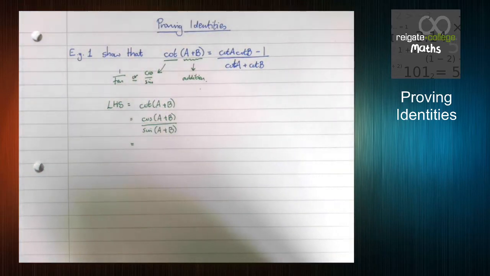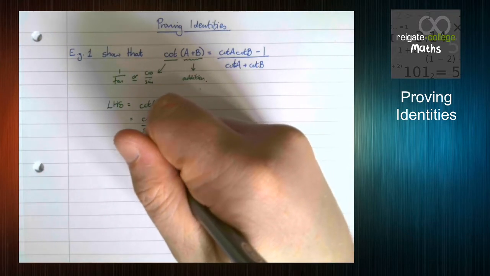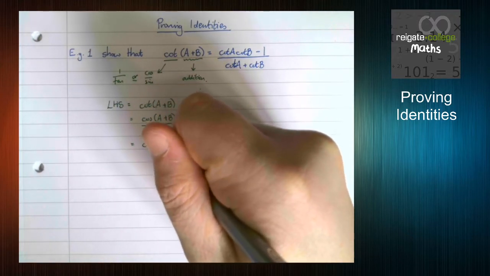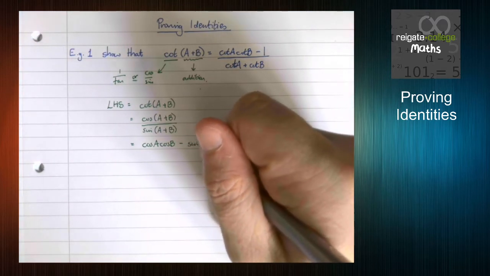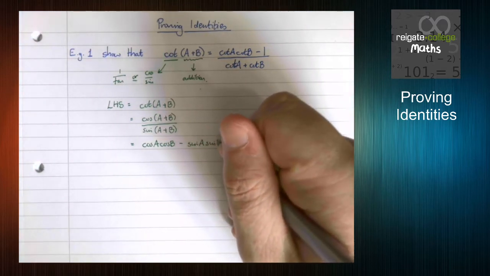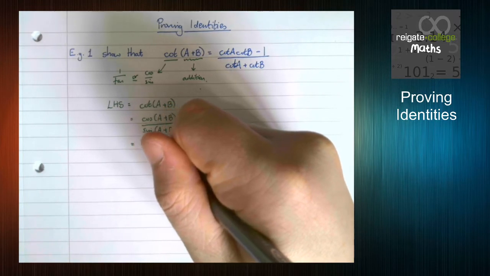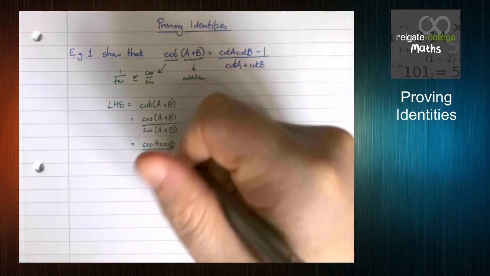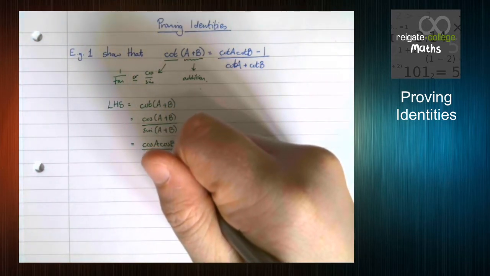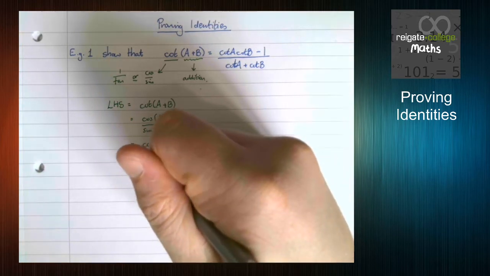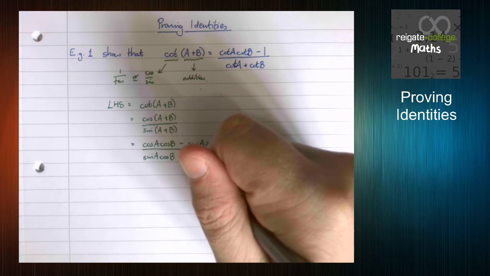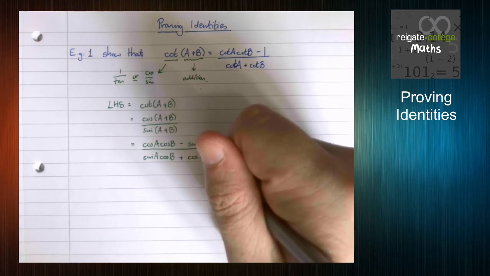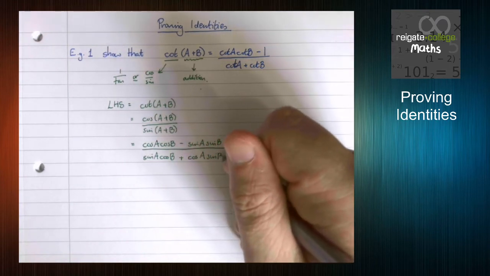Remember, it's in the formula book. So we've got cos A cos B minus sine A sine B over the one for sine A plus B, sine A cos B plus cos A sine B.